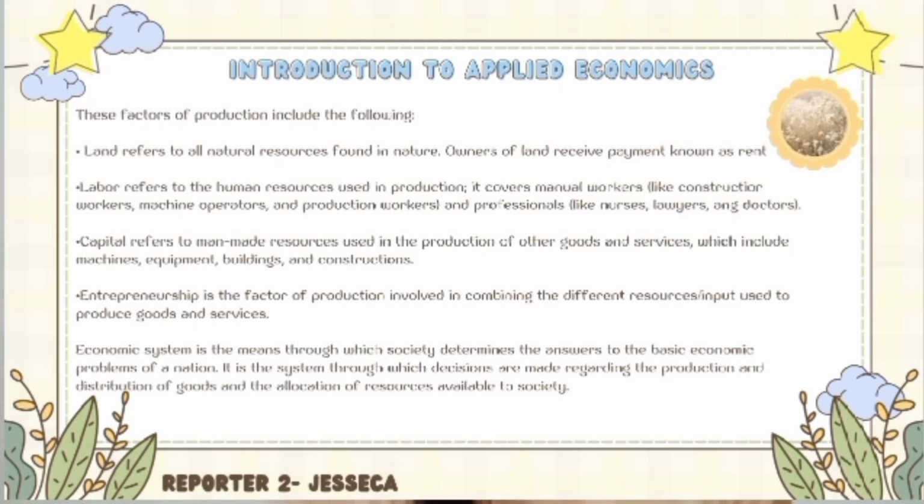The next is the capital. So capital refers to the man-made resources used in the production of other goods and services, such as machines, equipment, buildings, and construction. So capital nag-involve siya of money.